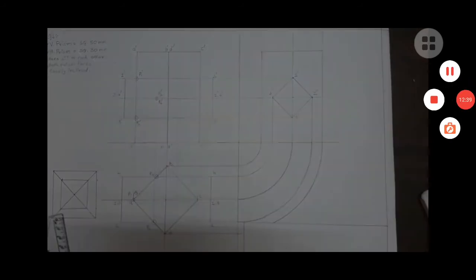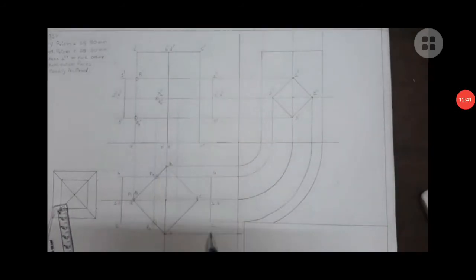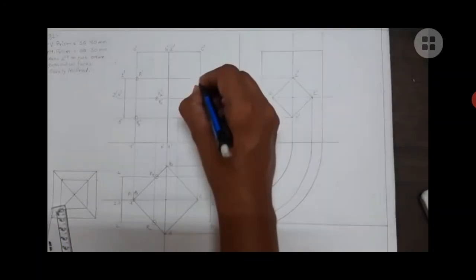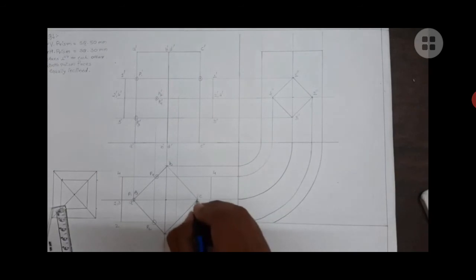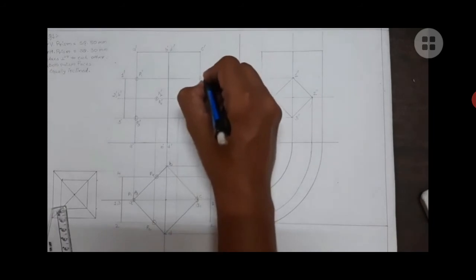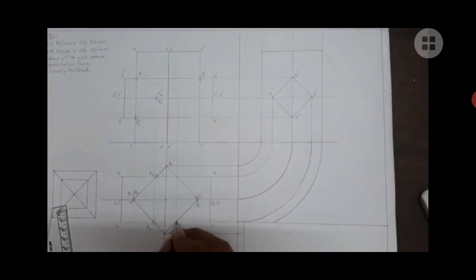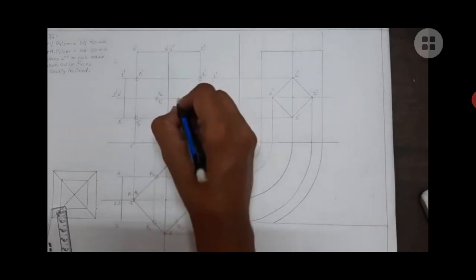With the help of that, draw the same on the same sides. Same P4, P2.